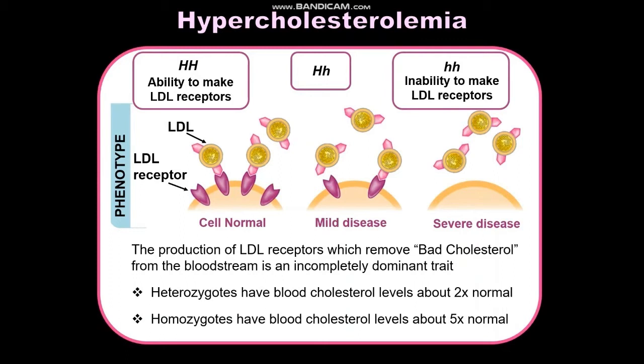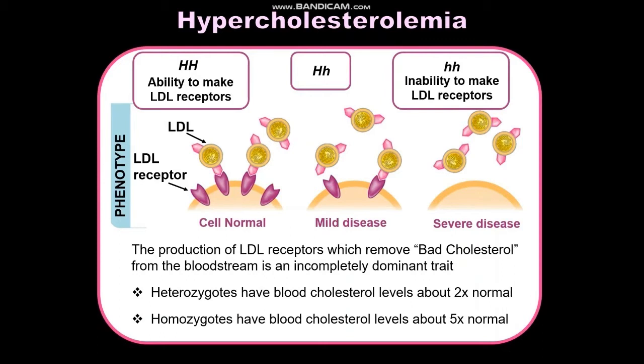Now, if you have two dominant alleles for the gene that makes these receptors, you are going to have normal blood cholesterol. You're going to pull plenty of bad cholesterol out of your bloodstream. If you have homozygous recessive genotype for this particular gene, then you're not going to make any of these receptors, and you're going to have blood cholesterol level that's 5 times higher than a normal person's.